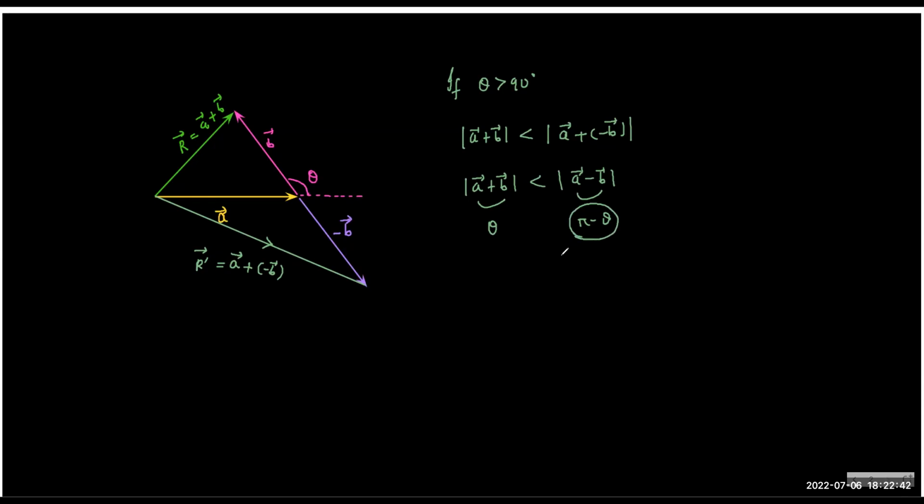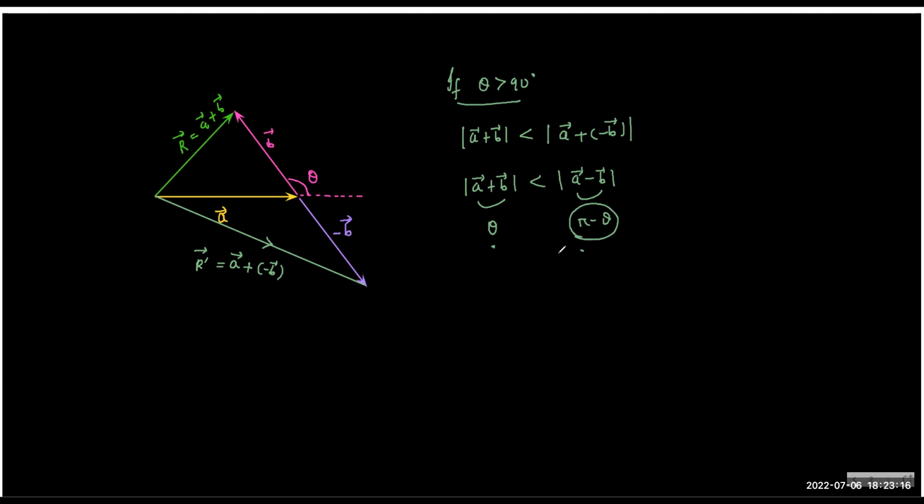So if the angle between two vectors is acute, it will always give you a bigger value than the obtuse angle scenario. So earlier theta was acute, so pi minus theta became obtuse. Now theta is obtuse, so pi minus theta becomes acute. So the moment you take a bigger angle than 90, this is obtuse and this is acute.